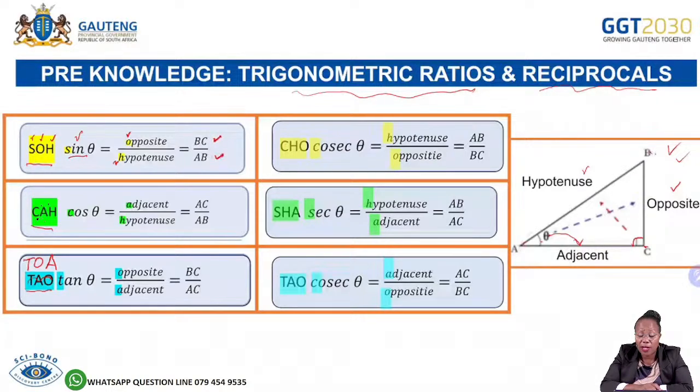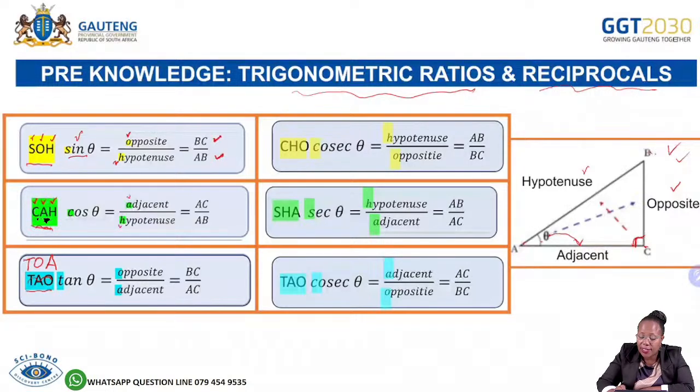So you must be able to do this, grade 12, and this is only applicable if you are working with a triangle of 90 degrees. The same applies as in Pythagoras theorem, only if you have a 90 degrees triangle, right? And then let's look at CAH. CAH is for cos is adjacent over hypotenuse, and then the cos of theta will be adjacent over the hypotenuse. We are referring to theta.